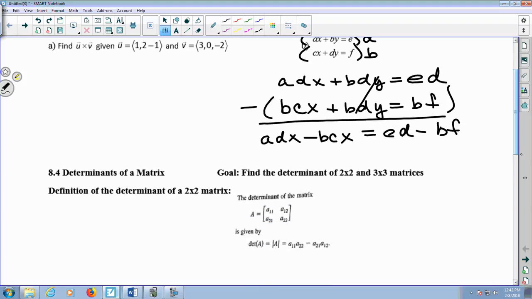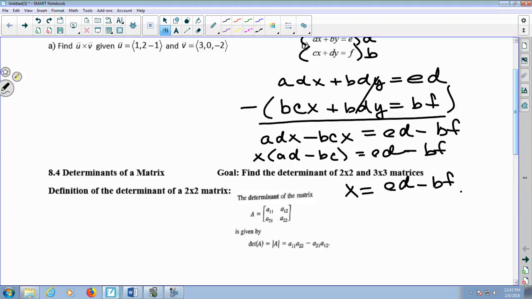To solve for x, we factor out x, so we have x times ad minus bc equals ed minus bf. Then we divide, and we get x equals ed minus bf all over ad minus bc. That would be the general solution for x for a linear system.